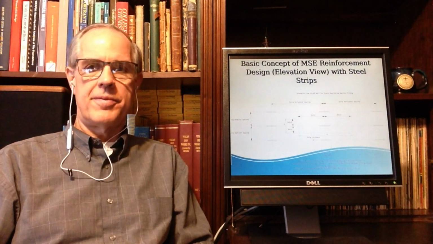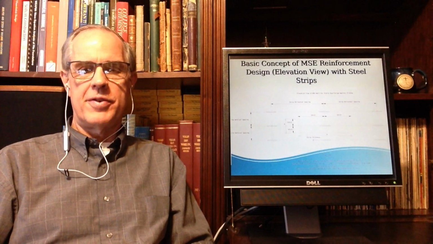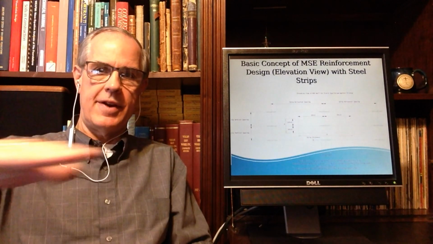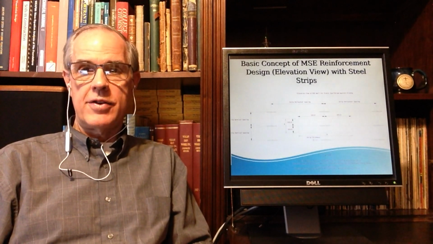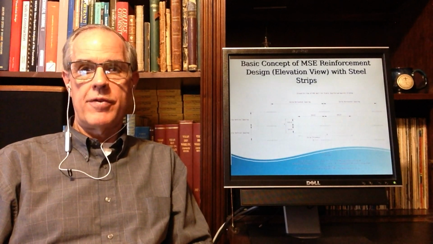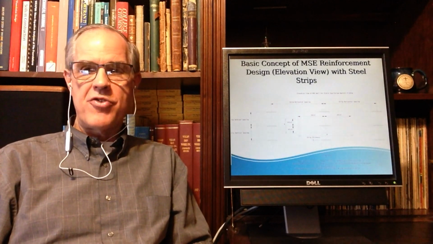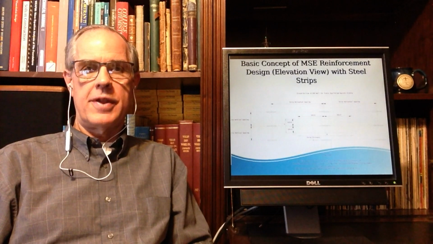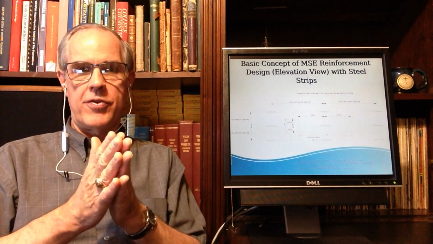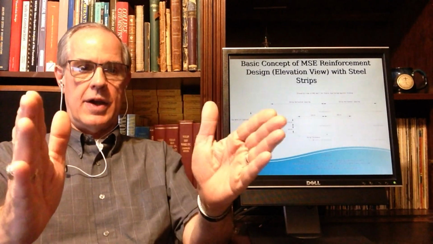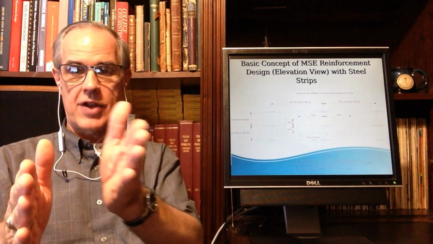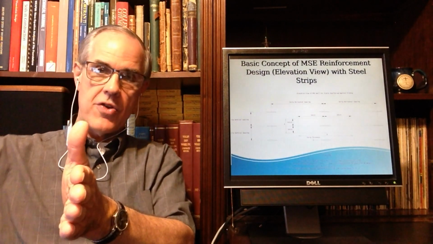For steel strips, the biggest difference between steel strips and geogrids is that, generally speaking, a geogrid can be continuous. If you have a major discontinuity, let's put it that way, if your strips butt up, whether steel or geogrid, and you stop one and the next one starts right next to it, you've got a continuous one.